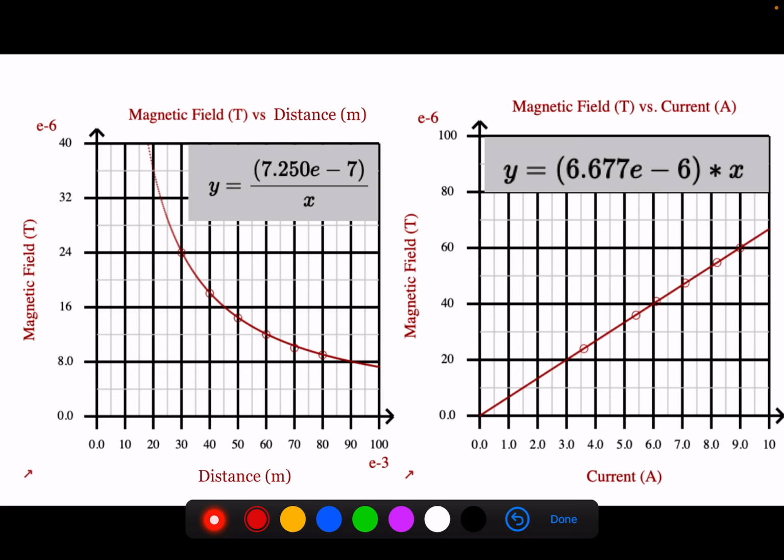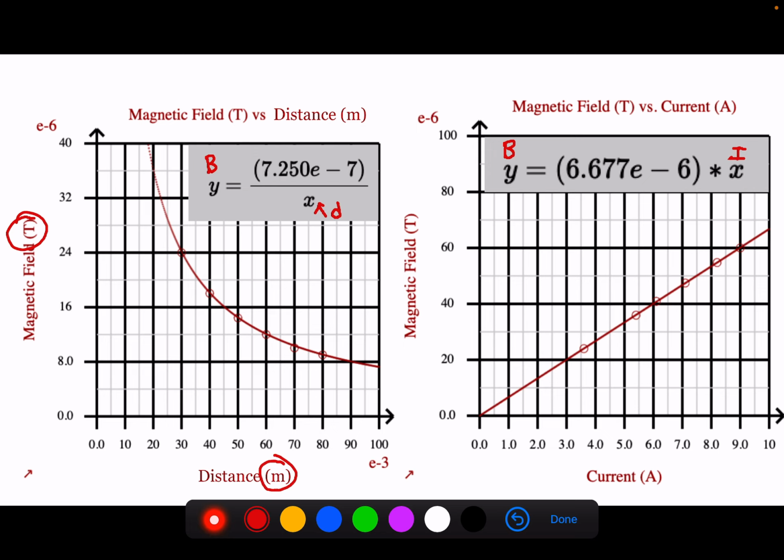So magnetic field, which goes by the letter B, is inversely related to distance. That means if we double our distance from the wire, the magnetic field will be cut in half. Make sure your distance is in meters and your magnetic field is in Tesla. When we look at current, again, we have magnetic fields, we have some sort of graph constant, and this time we varied the current.